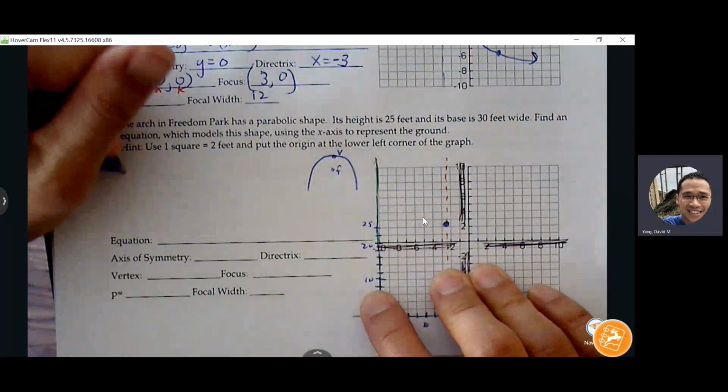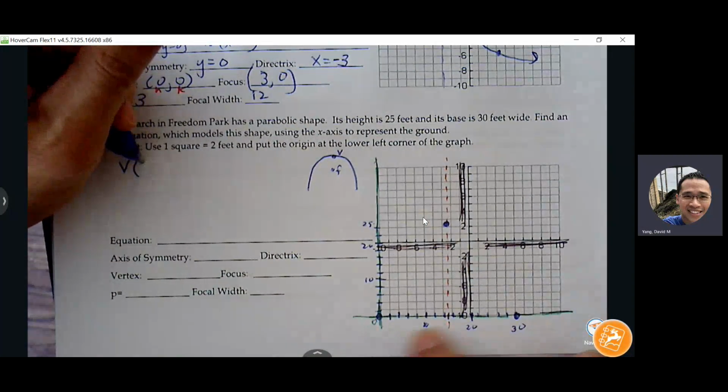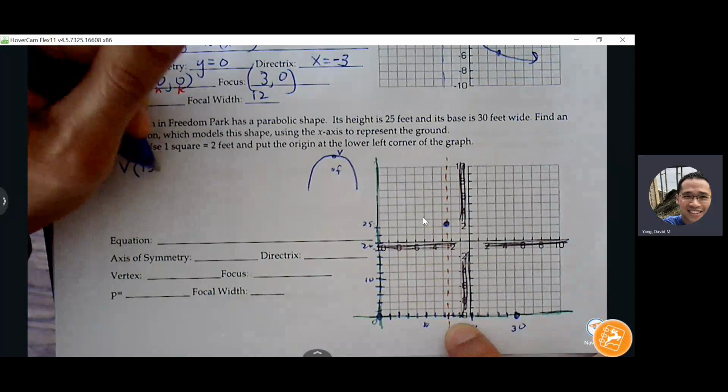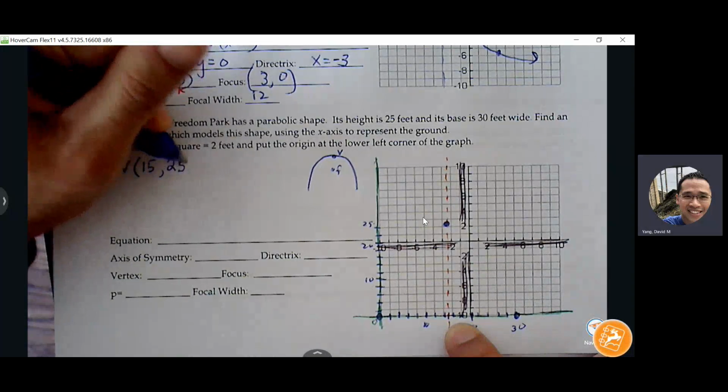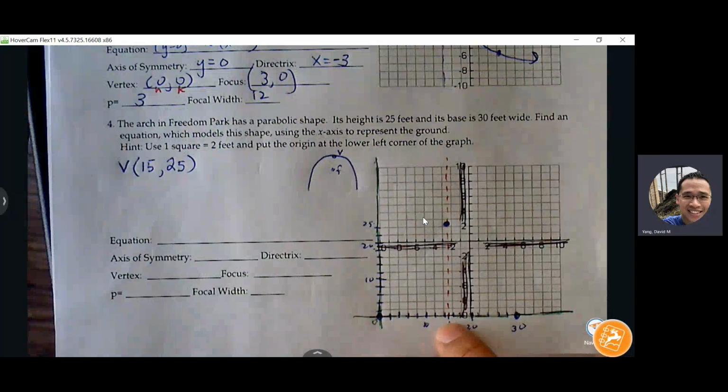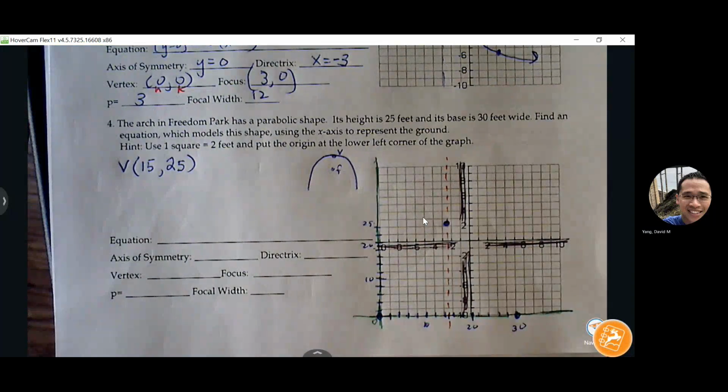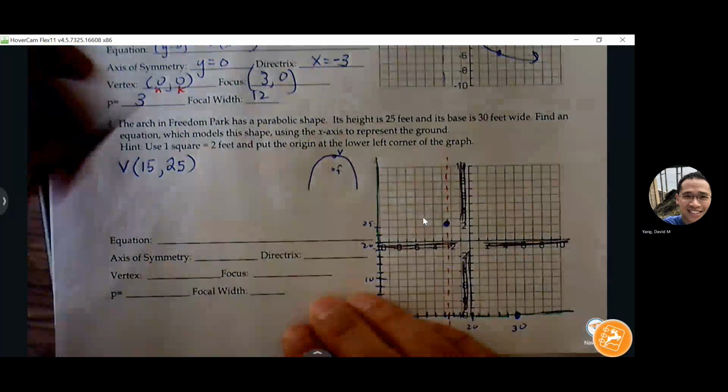Okay, so my vertex is going to be 15 units to the right and 25 units up. All right, 15. That's my h, k.